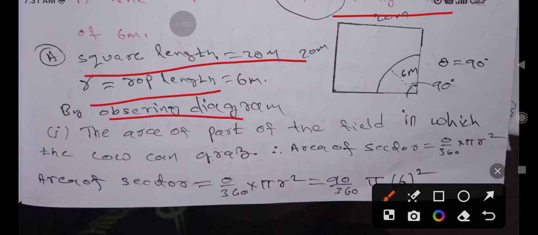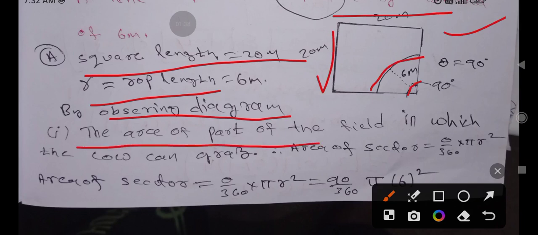By observing the diagram, the side length is 20 meters, the radius is 6 meters. Here 90 degrees is formed in the square.